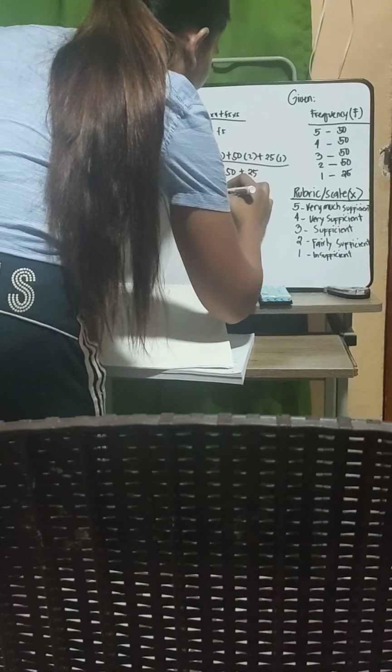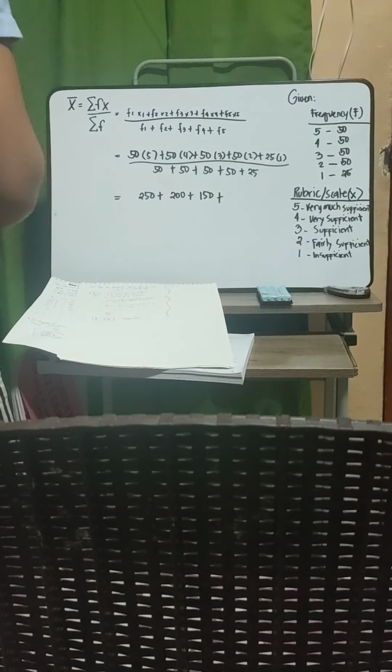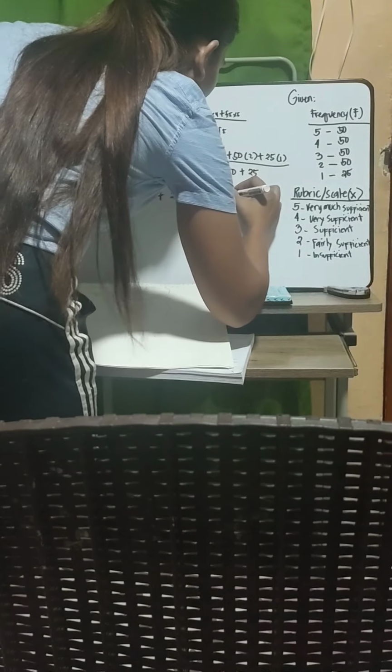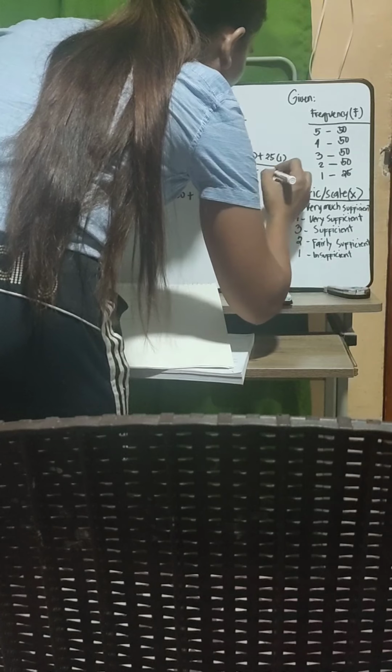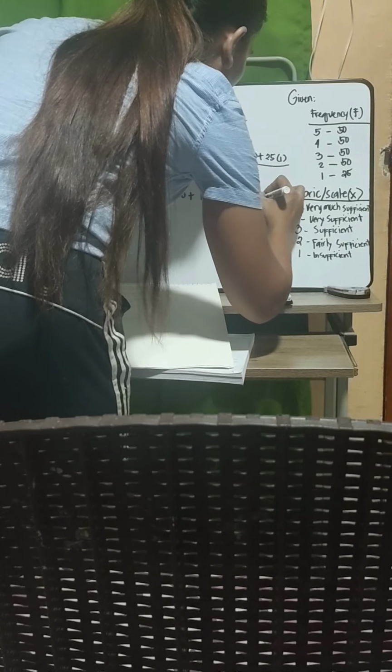Bring down the plus sign. So 50 multiplied by 2, we have 100. Bring down again the plus sign. And then 25 multiplied by 1 is 25. Alright? You still follow? Okay.